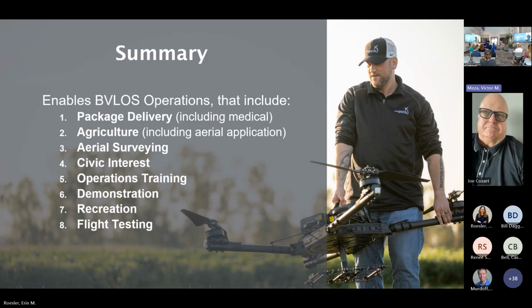So if you're familiar with Mosaic, it has a cap weight of 1,320 pounds. As a pilot, you can fly that aircraft and you can carry passengers. Coincidentally, Part 108 also has that same weight cap of 1,320 pounds. However, since AAM is prohibited under Part 108, there's no people on board.